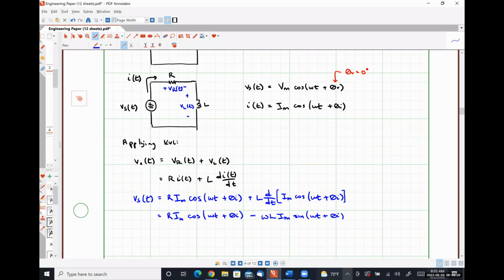I'm going to use some of the trig identities that we introduced previously. We didn't develop these. I'm going to split my cosine omega t plus theta I function into two sinusoids using trig identity number 6, and my sine omega t plus theta I function into two sinusoids using trig identity number 5.